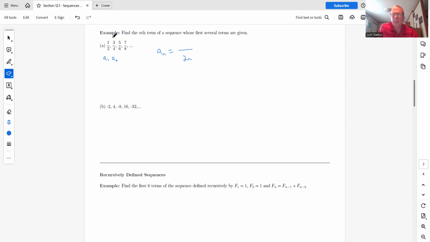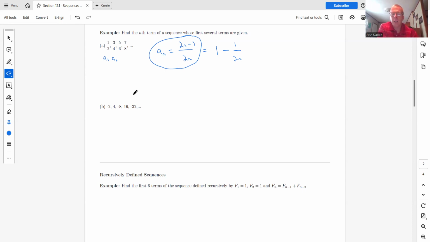And then the next thing to notice is that the numerator is 1 less than the denominator, so we just need to put 2n minus 1. And that would be fine. We could also write this as 1 minus 1 over 2n, which is just rewriting this fraction. So either way is fine. But that's really all we're doing if we're finding the nth term. For now, we just need to figure out what the pattern is.